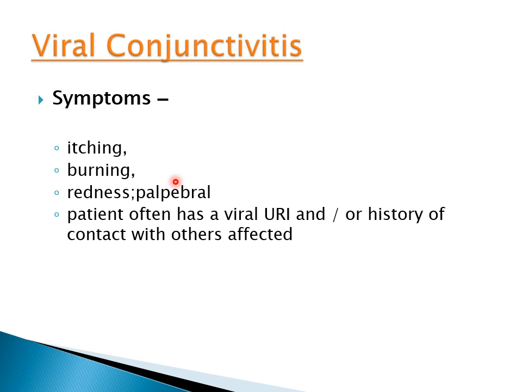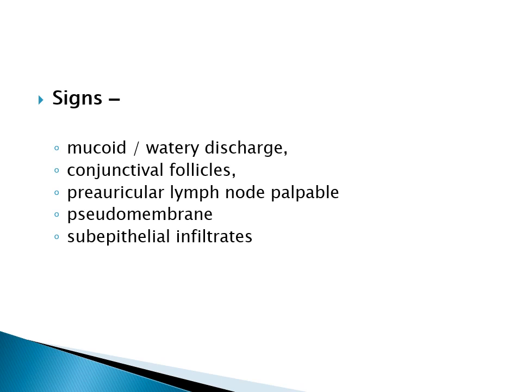The patient may give you a history of upper respiratory tract infection or a history of contact with a person who had a similar condition. Signs of viral conjunctivitis include mucoid or watery discharge and conjunctival follicles, and I will show you in a second how the conjunctival follicles look. Pre-auricular lymph nodes usually are palpable.